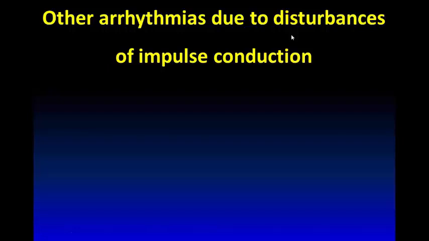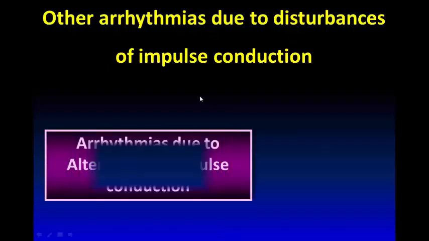Remember, we have considered the reentrant arrhythmia as a form of arrhythmia due to abnormal impulse formation, and it is also considered as an arrhythmia due to abnormal impulse conduction, because there is also an abnormality in the conduction of the impulse.